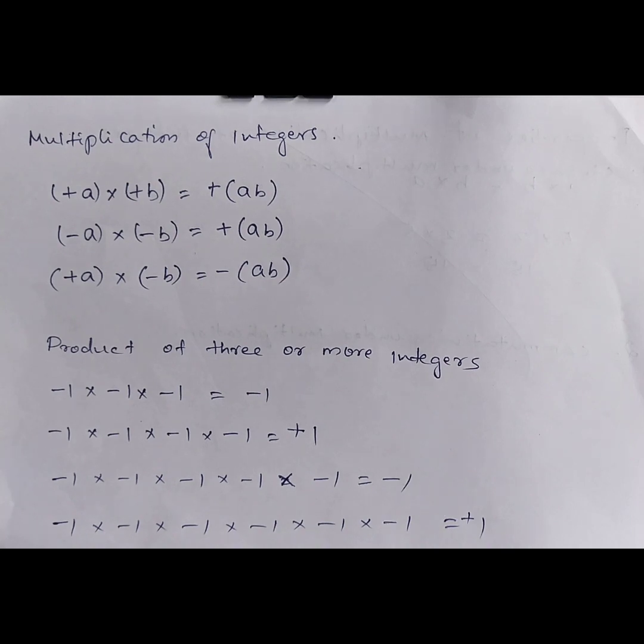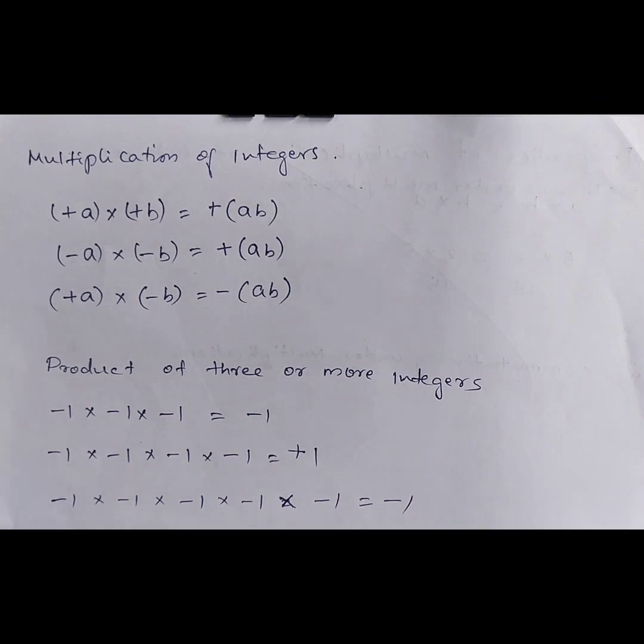If we multiply -1 four times, -1 into -1 gives +1, that +1 multiplied with -1 gives -1, and again that -1 multiplied with -1 gives +1. So we can write the examples.